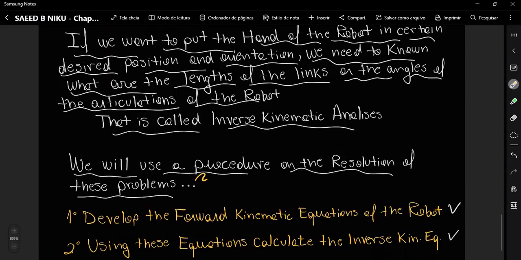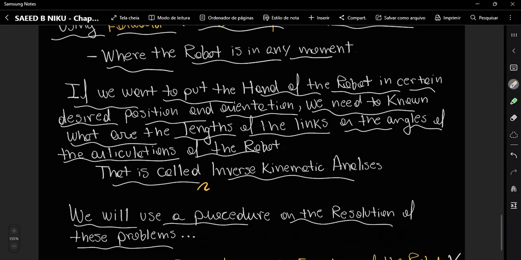And we calculate the kinematic inverse equation because we wanted to know, for example, where the hand of a robot in certain desired position and orientation.